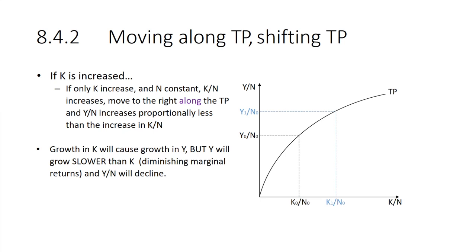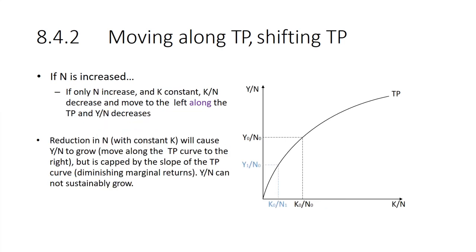And you will have a move along the total production curve, with the result being a higher output per person. But notice that the higher output per person will diminish the more your capital increases. This is because of the diminishing marginal returns to capital. So we could, as a strategy to increase production, increase our capital, but the more capital we add, the less we're getting out of that capital. And there's an implicit limit to how much capital you can use to increase production.